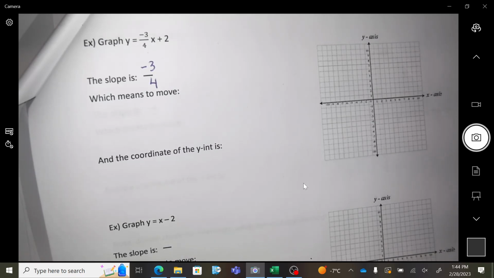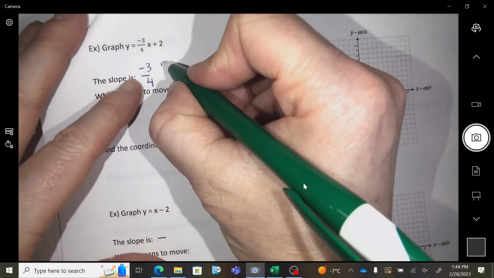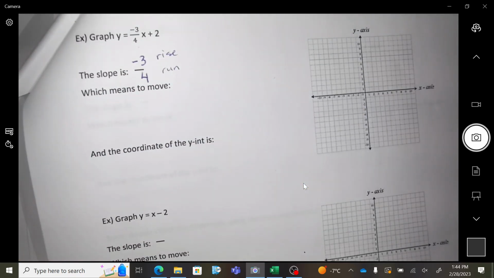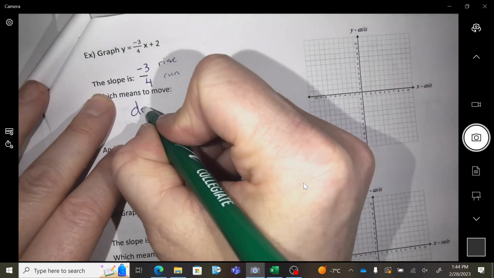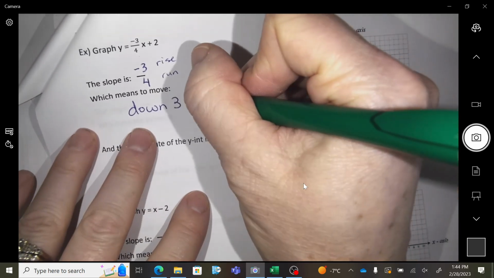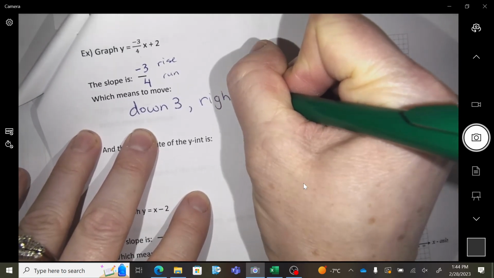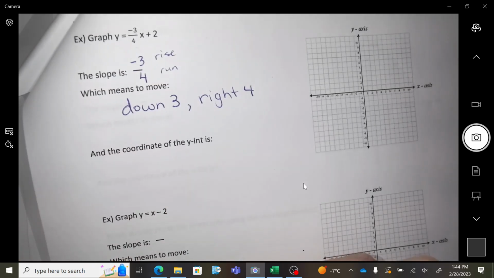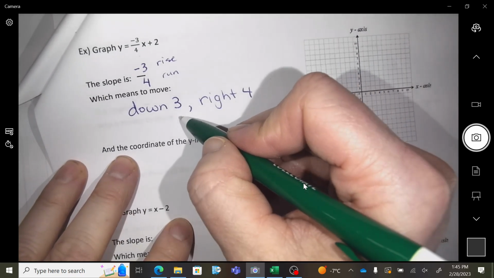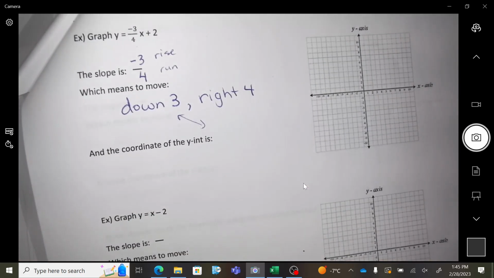So what would I do as a rise of this and a run of this? How do you rise -3? You go down 3, and running 4 would be right 4. If your slope is negative, negative 3/4, negative anything, your line should be sliding downhill, right?